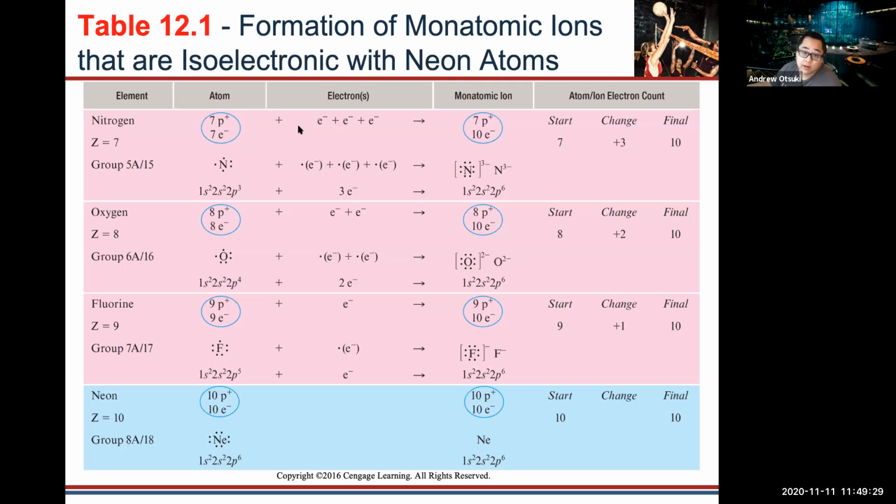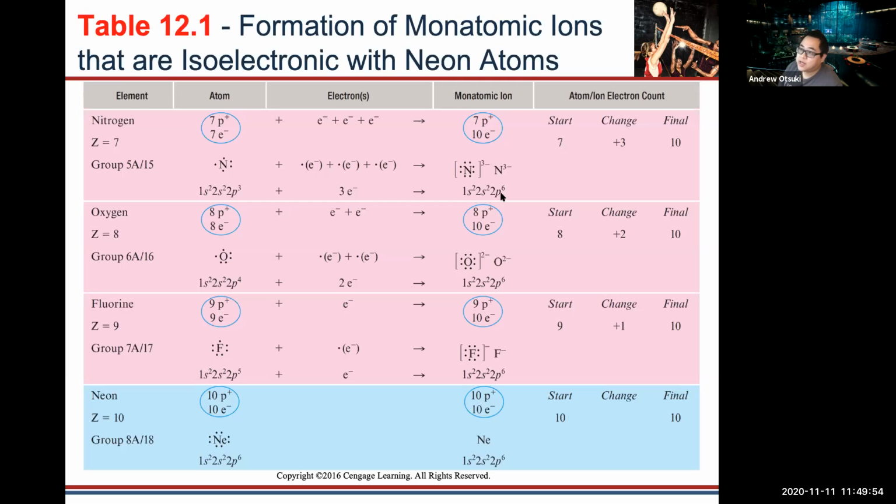So now it has a filled neon electron configuration of 10 electrons: 2 from the first energy level, the 1s, then 8 from the second energy level, 2s and 2p. So now this electron configuration is the same as neon. So now the nitrogen atom is happy.